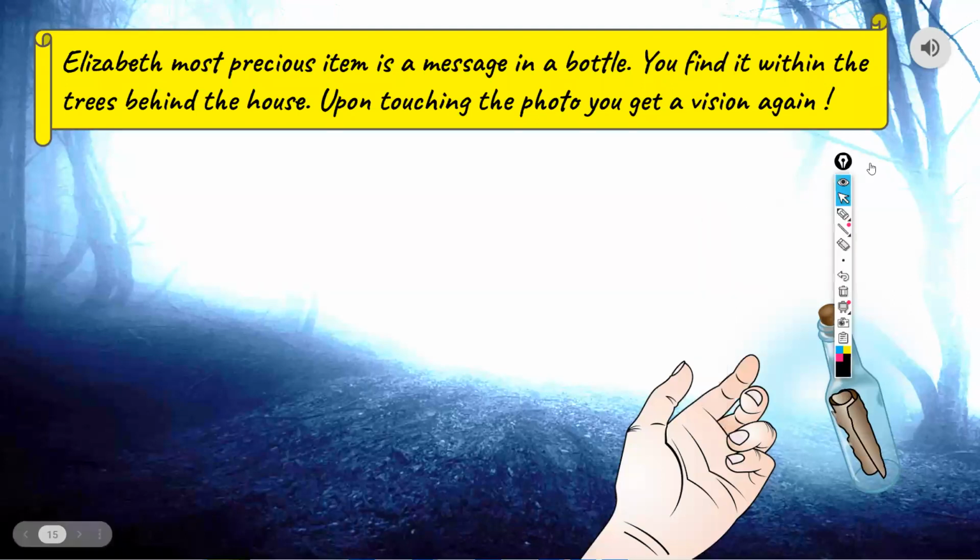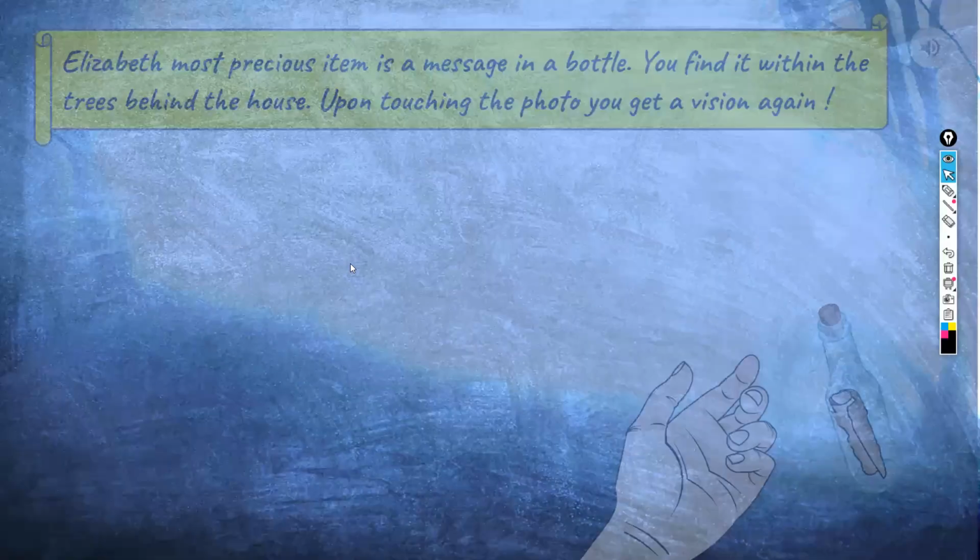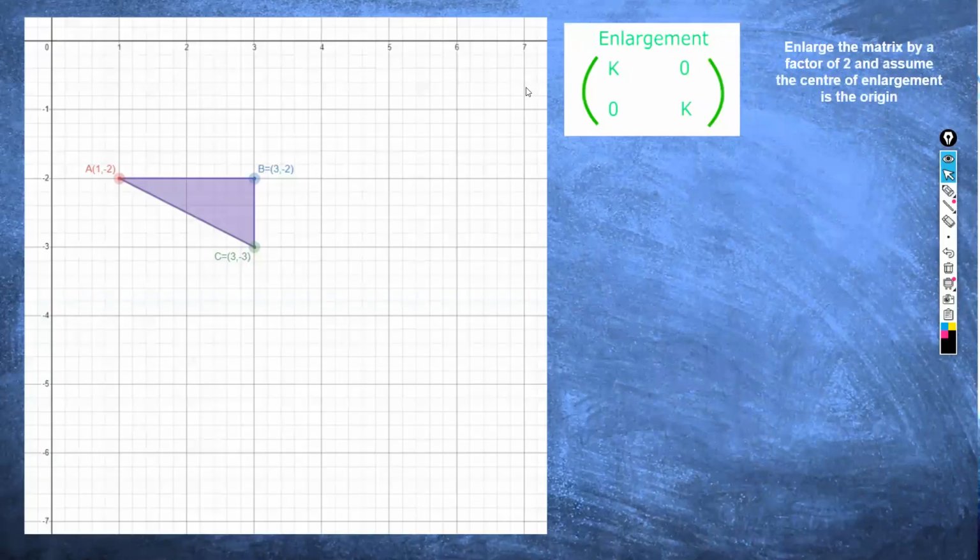Anybody want to take a guess of why something so strange is the most precious item to Elizabeth, a message in a bottle? Oh, one person has a good guess. They said it's a treasure map. Maybe she was a treasure hunter. Somebody said she was a pirate and it was a treasure map. Okay, a family secret.